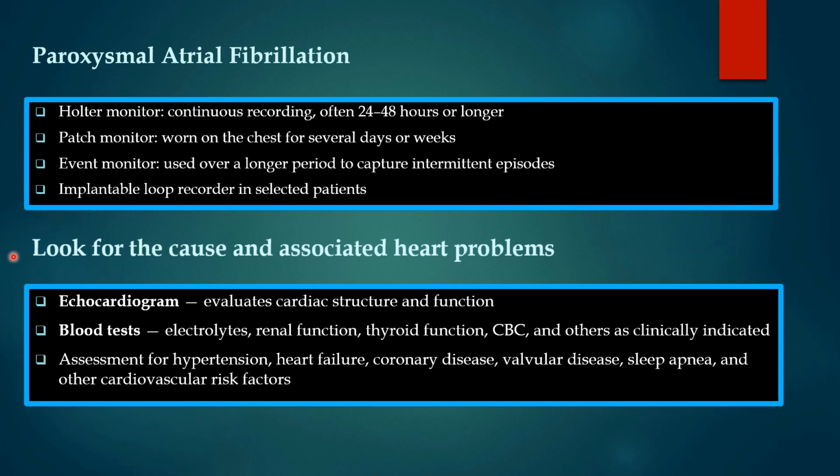We have to look for the cause and associated heart problems, so an echocardiogram will be done to evaluate the cardiac structures and function. Basic blood tests such as electrolytes, renal function, thyroid function, complete blood count, and others are done as clinically indicated.